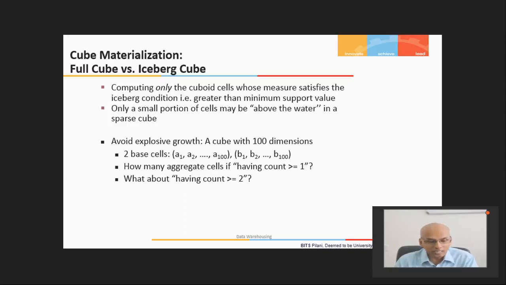Considering these dimensions, each dimension value is completely different. For the first dimension, the first record has a value of A1, the second record has a value of B1. Once you look at it, there is not a single aggregate cell which has a support of 2 or more.